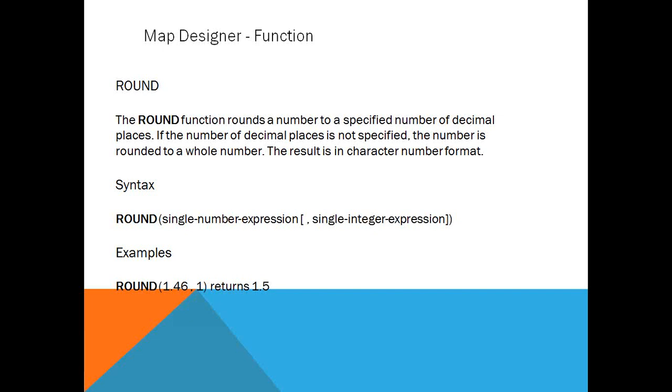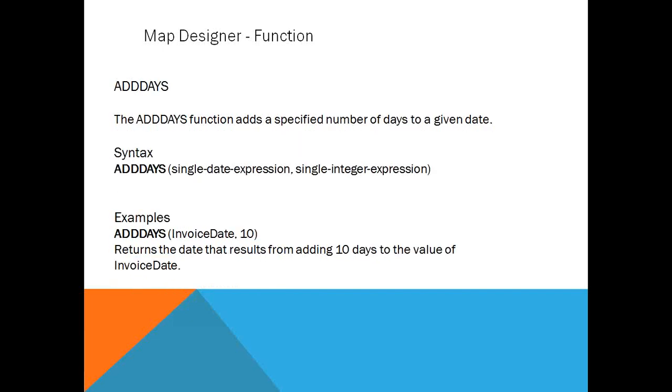Then add days. This works for date and time items. The add days function adds the specified number of days to a given date. Suppose we give add days of invoice date comma 10, it will add 10 days to the invoice date.